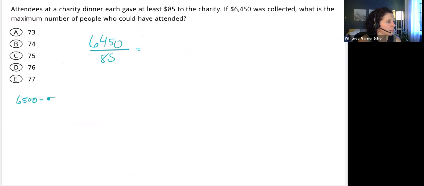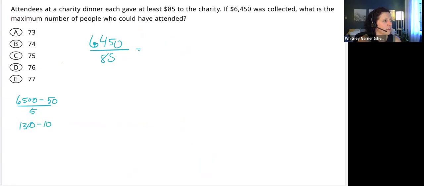So if I've got 6,500 minus 50 over 5, 5 goes into 65 13 times, right? 10 times is 50 and then another 3. So 6,500 divided by 5 is going to be 1,300 minus another 10.